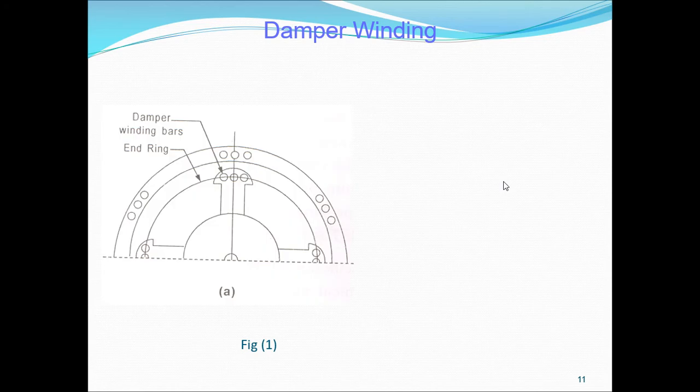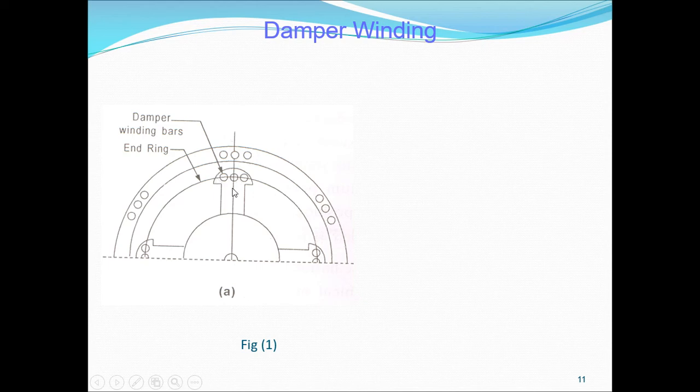So where is the damper winding? These are the damper windings. Where are they? They are on the rotor poles.